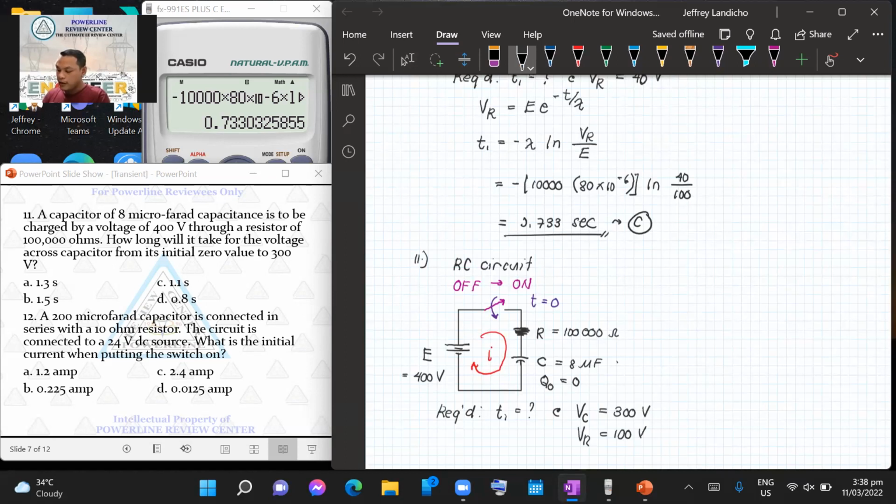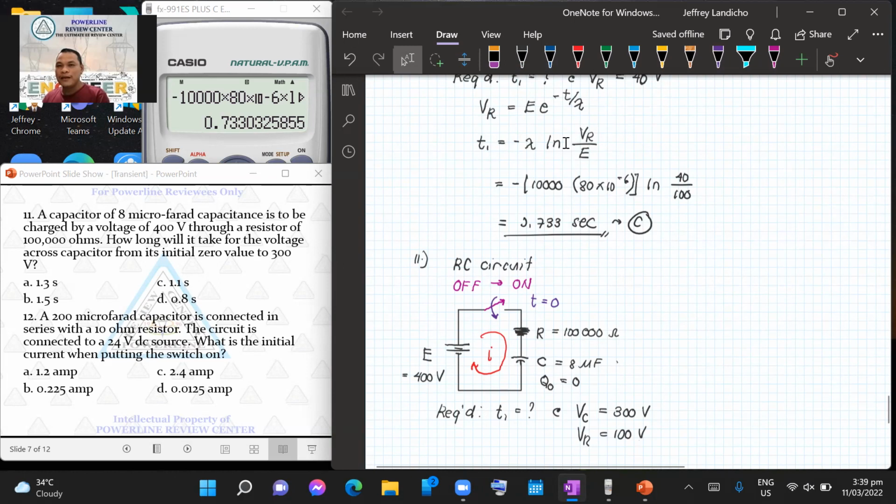Kasi alam natin, at any given time, by KVL, the source voltage equals the voltage drop across R and C. So therefore, instead of using voltage across capacitor, gamitin natin voltage drop across R, para same formula yung gamitin mo as previous problem. Nagets ba? So V sub R na lang tayo. 300 ito, so 100 ito.